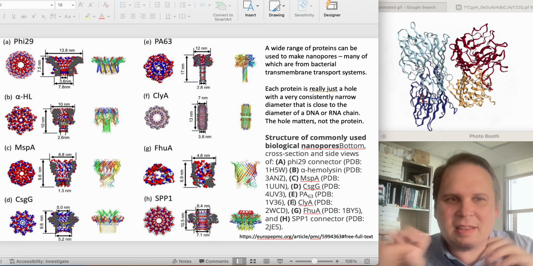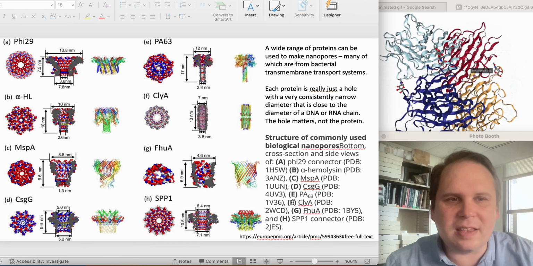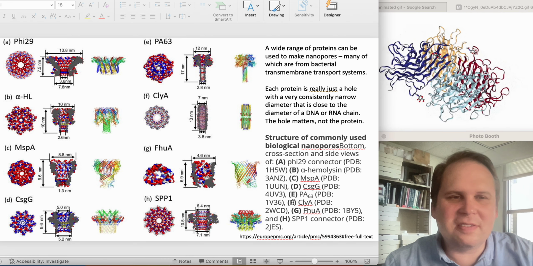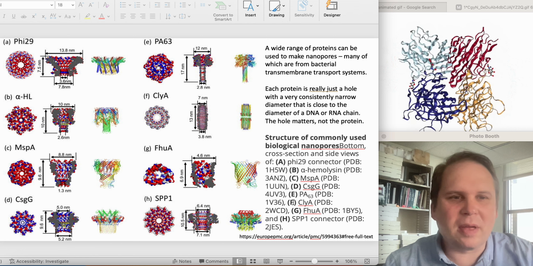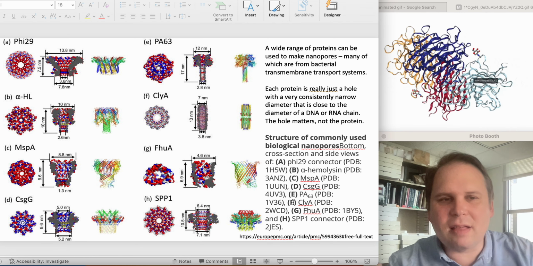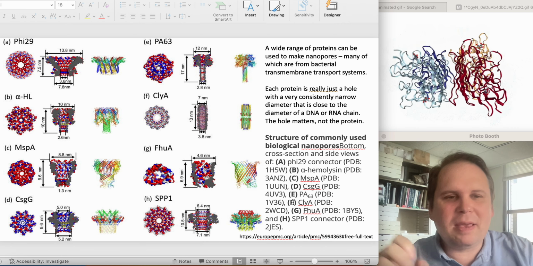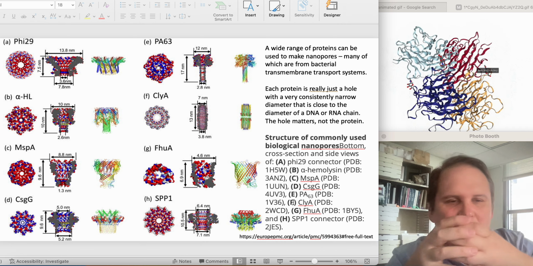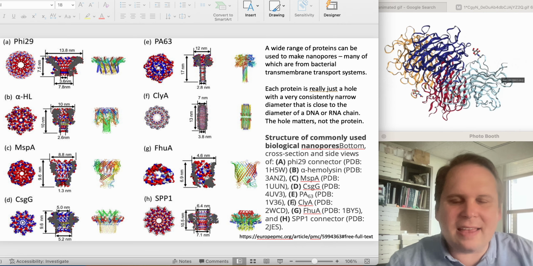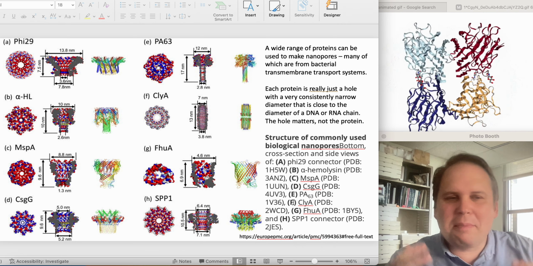There are people doing nanopore sequencing with little holes in graphene layers, and that works. You just need a hole that you can push stuff through. Proteins are commonly used because bacteria make a lot of proteins that happen to be transporters. So they have a little hole in the center, and the hole is always exactly a particular size, and they're used to being embedded in a membrane.